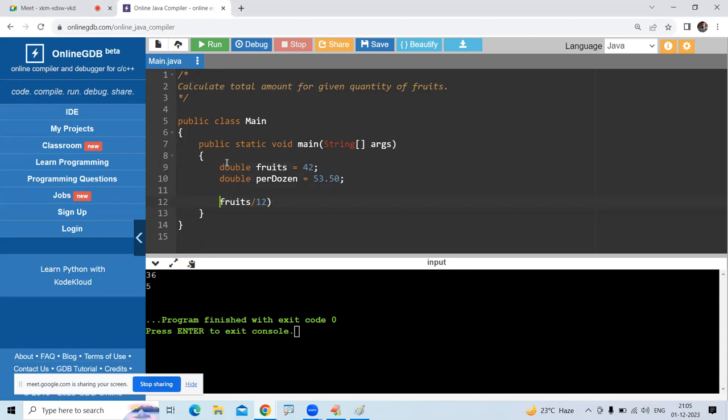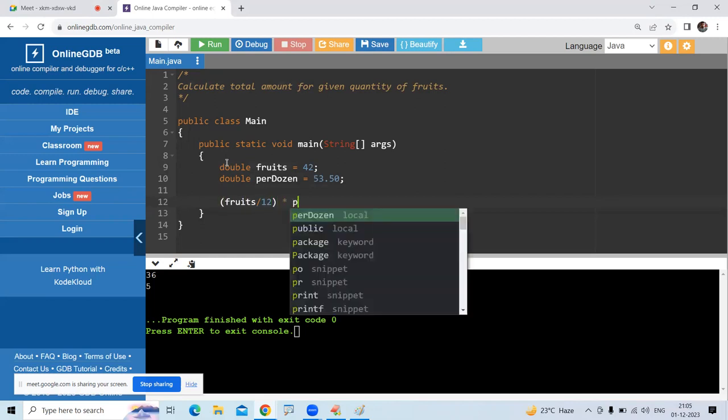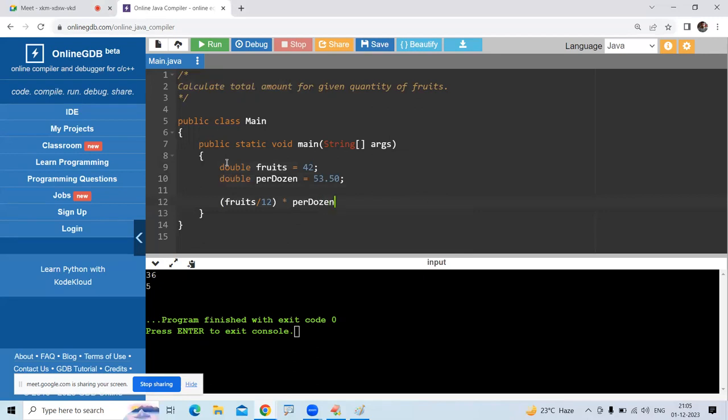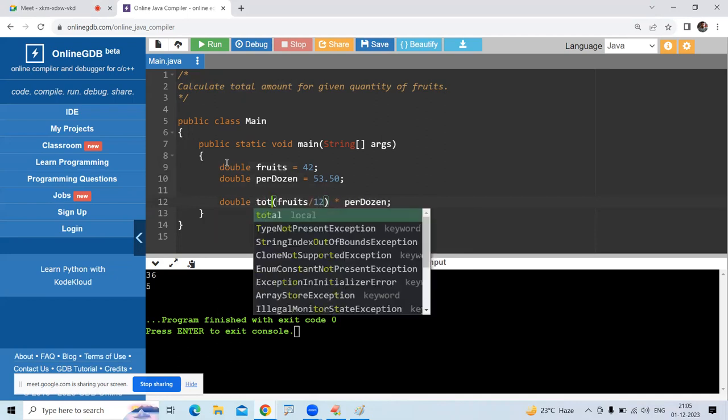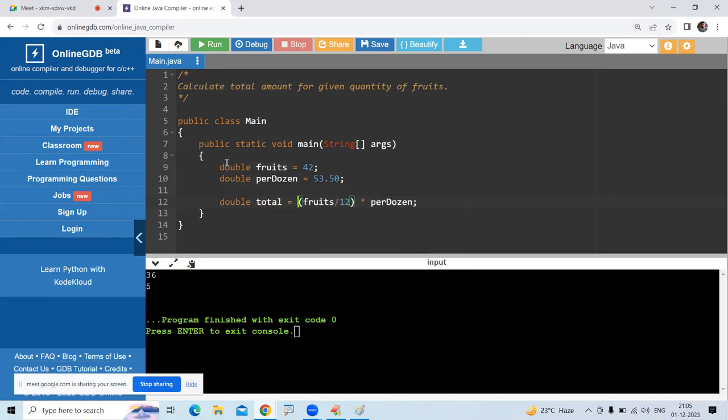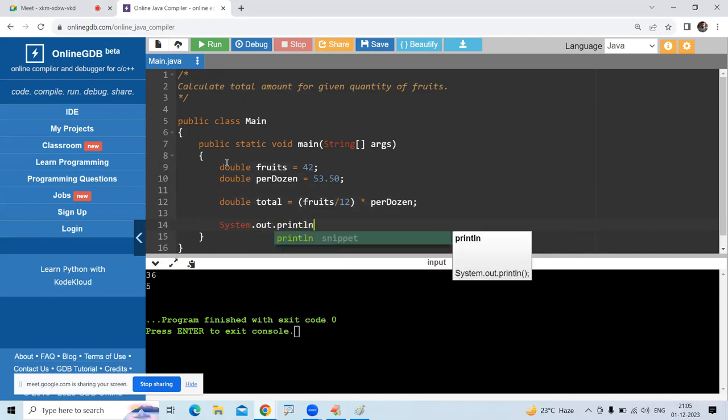Now the fruits are converted into dozens, then multiplied with the per dozen cost. That is the total cost, total amount, and we are printing. System.out.println, please pay. The amount is what?